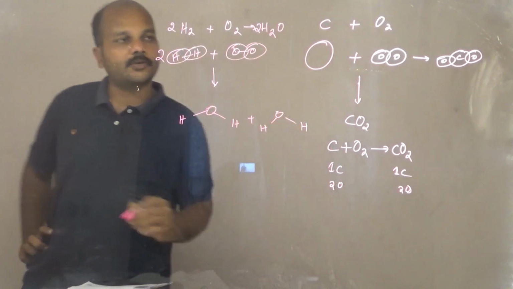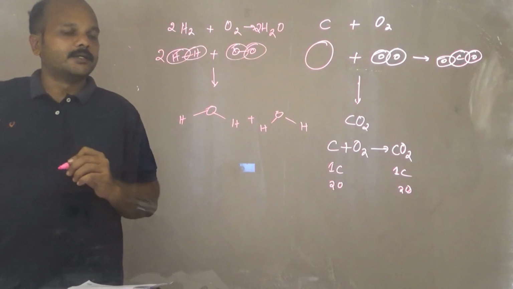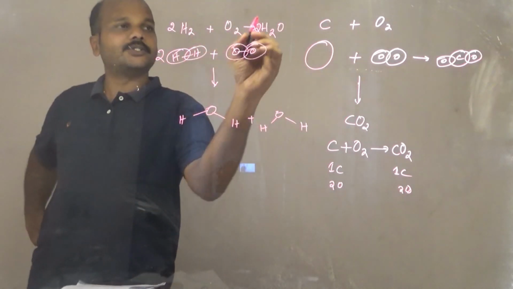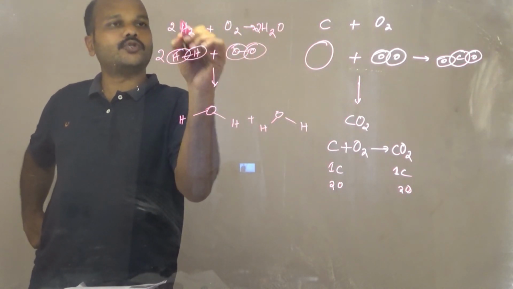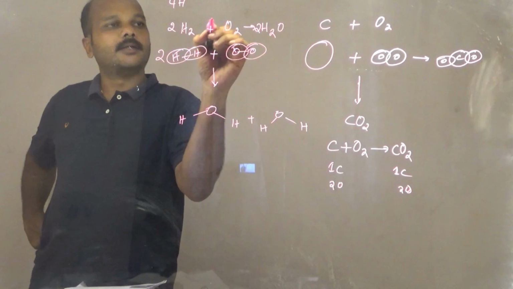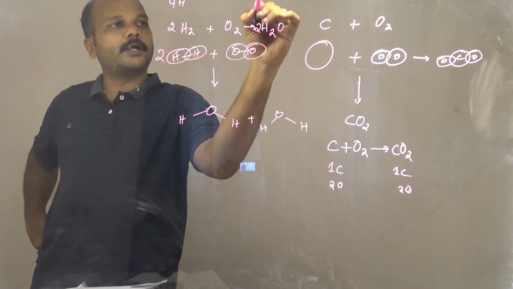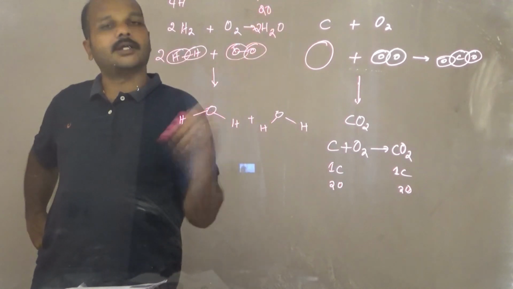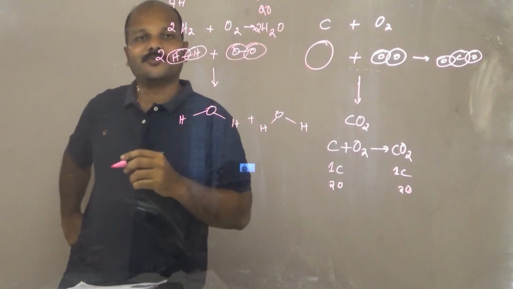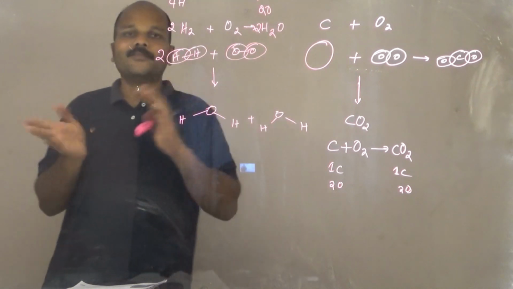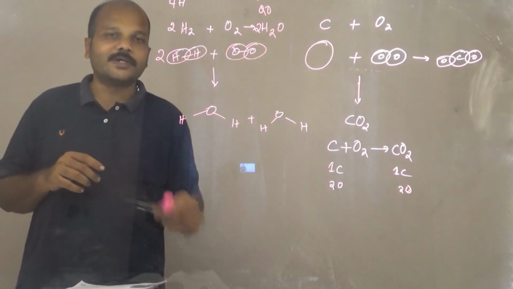Here it is like 2 into 2, so four hydrogen are there, and two oxygen atoms are here. Then here also four hydrogen are there, two oxygen atoms are there. So on both sides of the equation it is balanced. Always try to remember that the equations are balanced on both sides of the reaction.